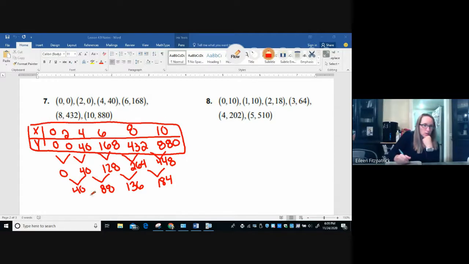Now I have a change of 48, a change of 48, and a change of 48. So first would be linear, second quadratic, third cubic. So this is degree 3.